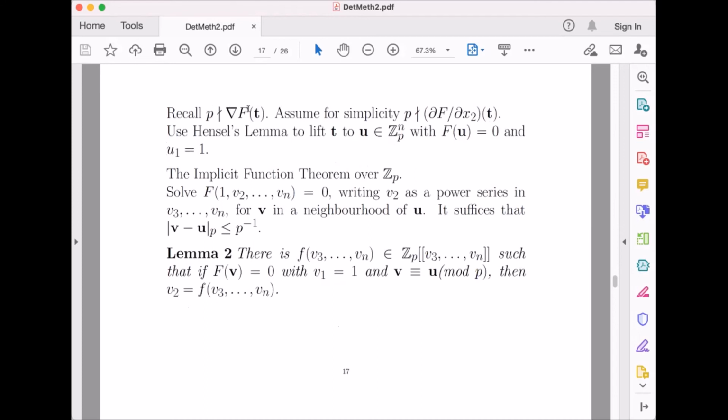Now remember that t was a non-singular point modulo p, and again we'll suppose for simplicity that the second partial derivative is not a multiple of p. We can then use Hensel's lemma to produce a p-adic integer vector u congruent to t modulo p with f equal to 0 and with u1 equals 1.